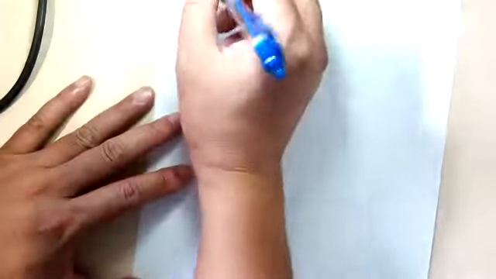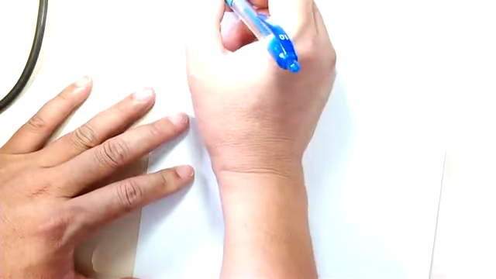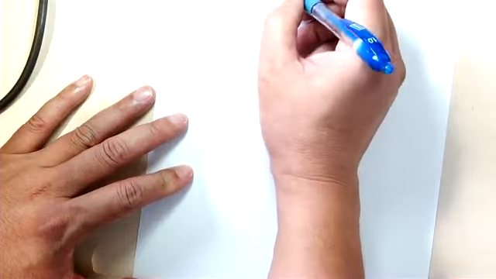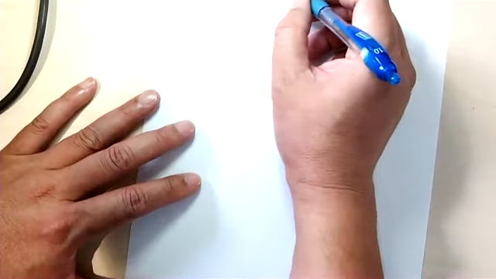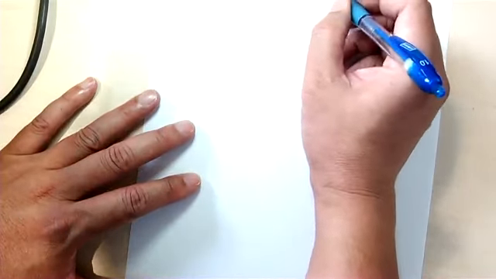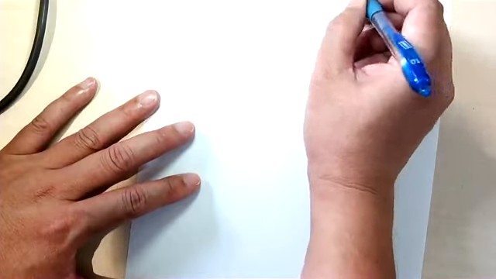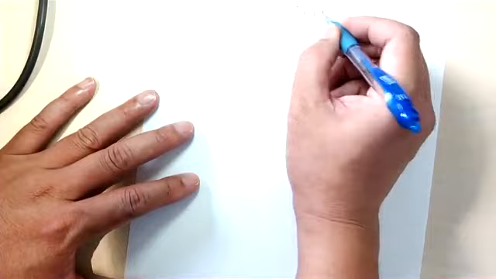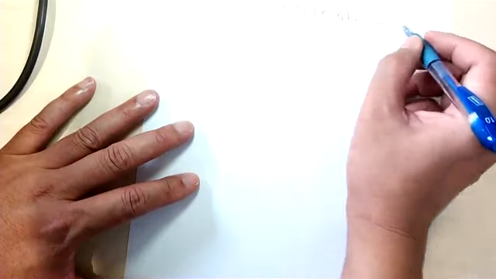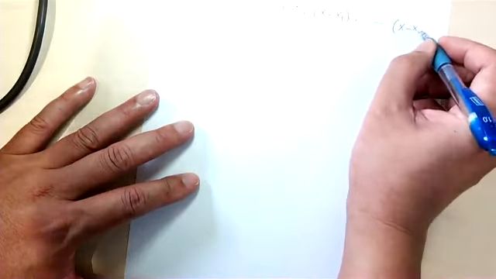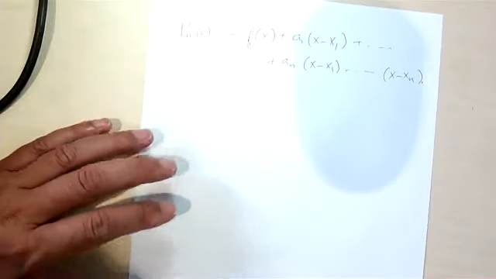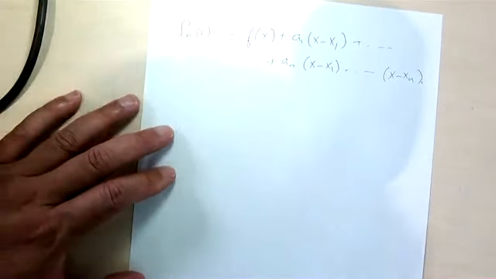So maybe suppose I have Pn(x) equal to f(x1) plus a1(x minus x1) plus up to an(x minus x1) to (x minus xn). Okay? So suppose I have a new point z.